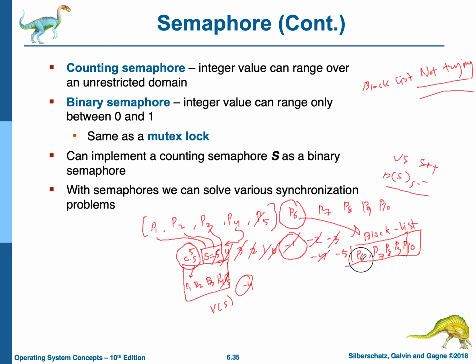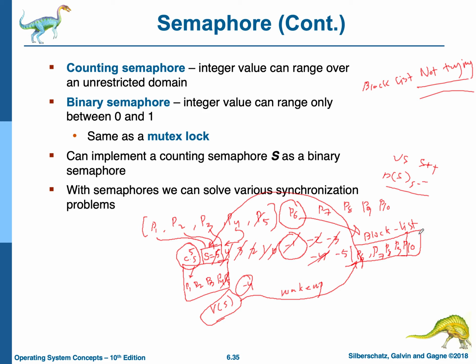So this will give a wake up call to P6, and P6 will be allowed to enter into the critical section. Now when this enters the critical section, again P of S will be incremented. It means that it was -4, then again -1 will be applied, and this will become -5.